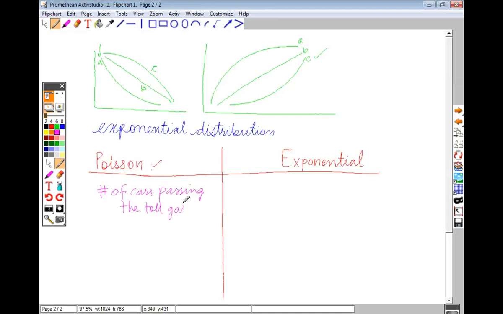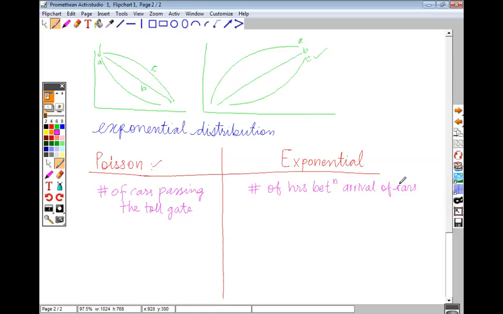And when I'm talking about exponential, the analogous event could be the number of hours between the arrival of each car. So this would be the number of hours between the arrival of cars, right?